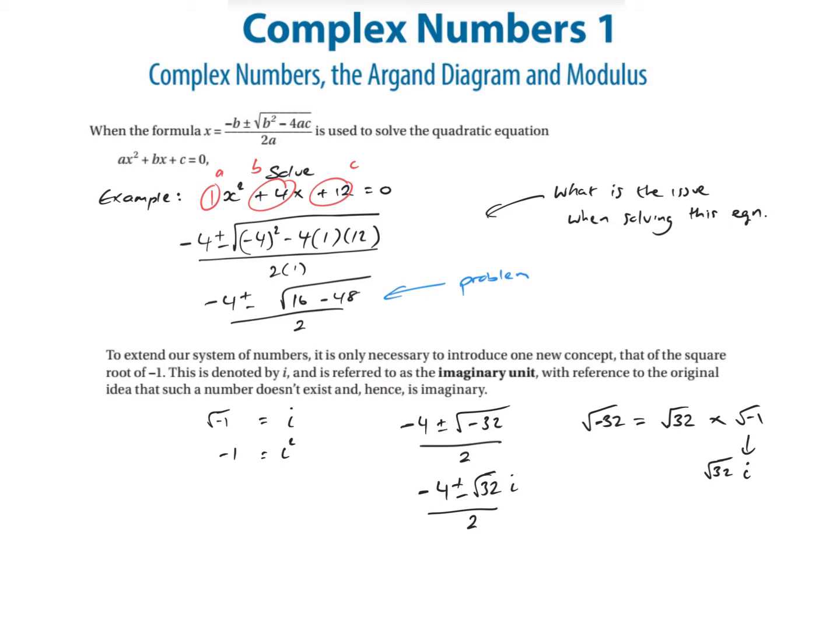But you can see here the only real difference from normally solving a quadratic that has no imaginary part is that if we're doing the square root of a negative 32, we just use our normal square root rules, i.e. square root of 32, and then all we do at the end is we whack on an i.